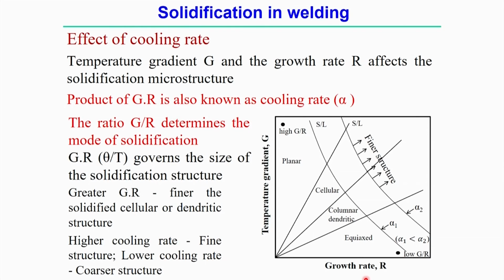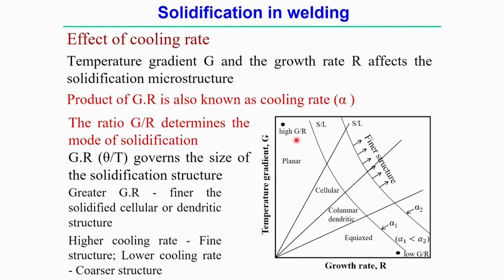At the same time, the ratio G by R determines the solidification mode, which we have already discussed, that depending upon the G by R ratio, we can define the mode of solidification. Combining G R and G by R, if you represent the growth rate R on the x axis and the temperature gradient G on the y axis, we can find the different solidification modes this way: planar, cellular, columnar dendrite and equiaxed structure.